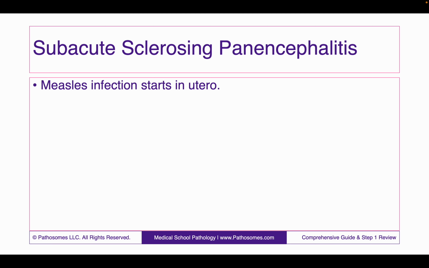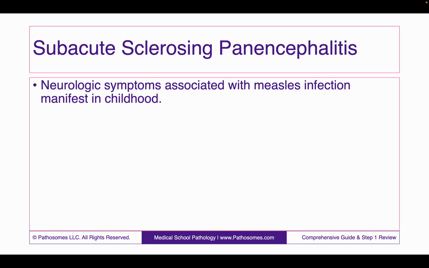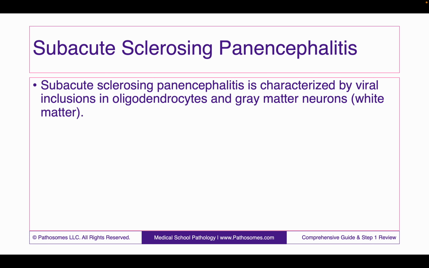Typically, measles infection starts in utero. The neurologic symptoms associated with measles infection manifest in childhood. Subacute sclerosing panencephalitis is characterized by viral inclusions in oligodendrocytes and gray matter.